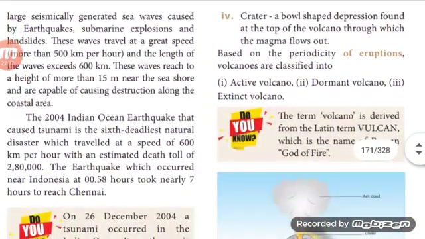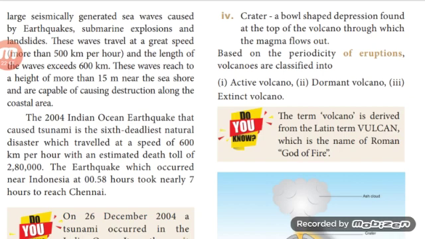What about the shape of this crater? It may be otherwise called the large opening of volcano. It is a bowl-shaped depression found at the top of the volcano through which the magma flows out. Based on the periodicity of eruptions, these volcanoes may be classified into three types.